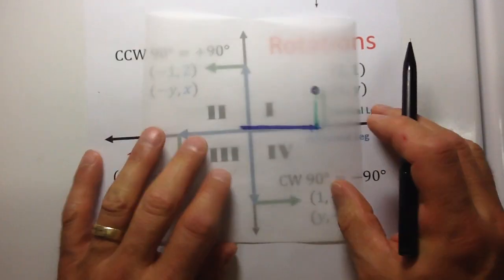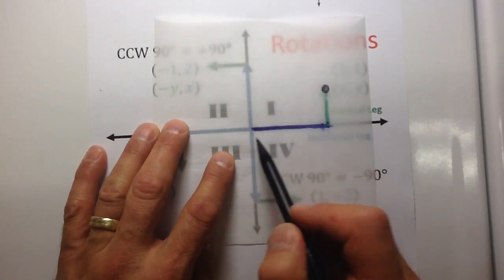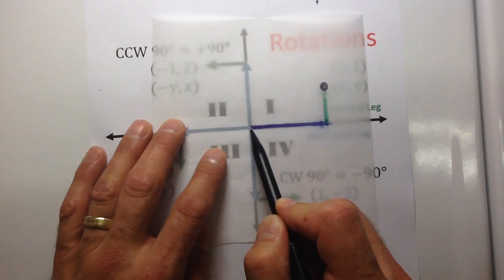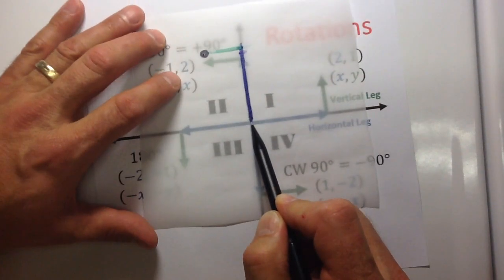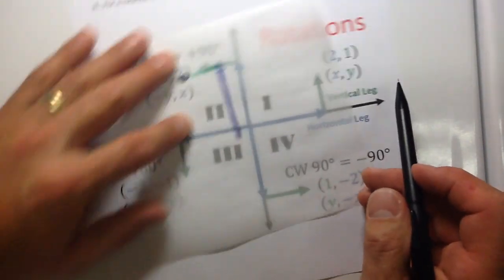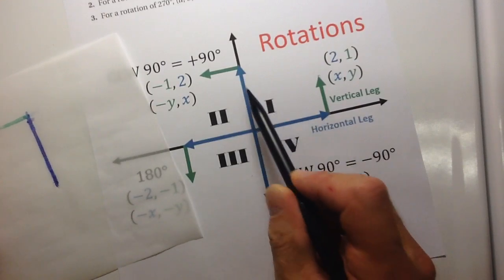And then when I rotate this, using tracing paper, of course, is easy. You just hold down at your center of rotation, which in this case is the origin, and then I rotate it around. And notice that it comes around here. And yes, it is true that it doesn't come exactly here, because I'm the one that created this graphic, and I did not make these legs the same length.